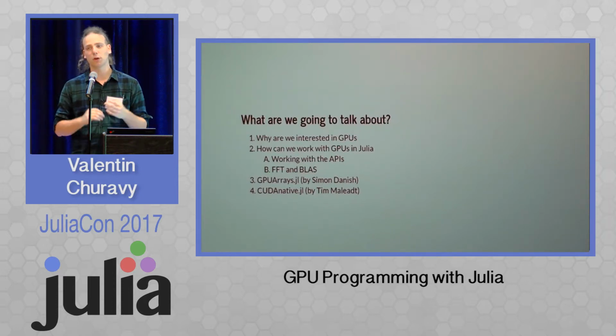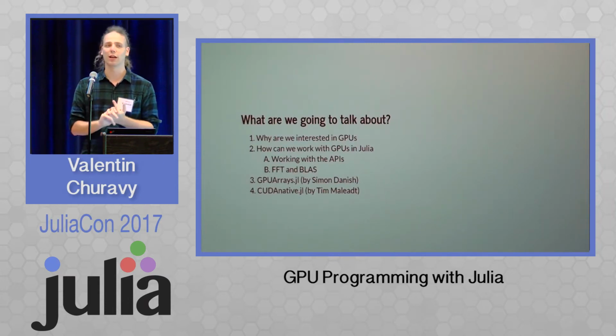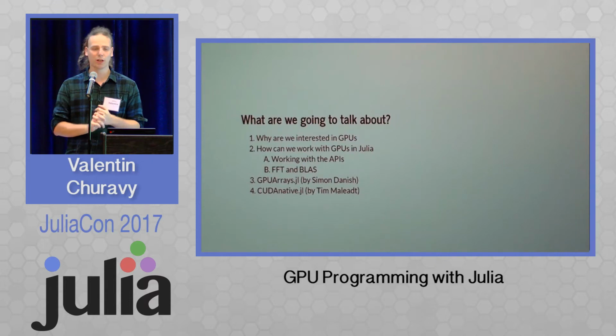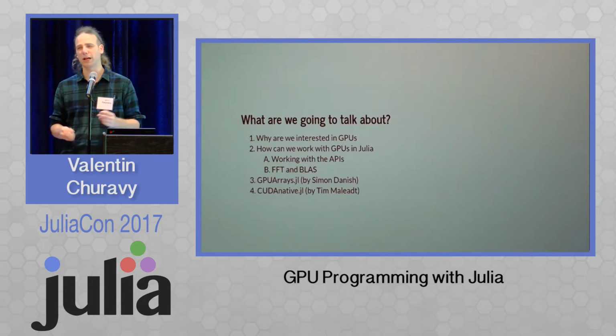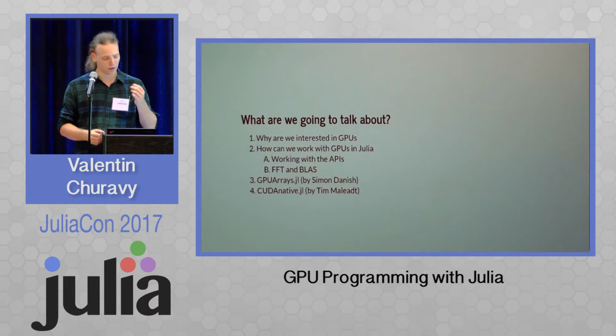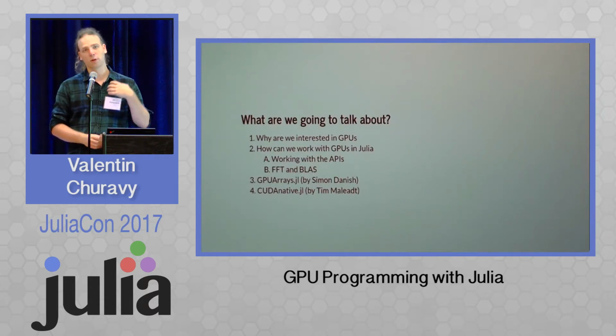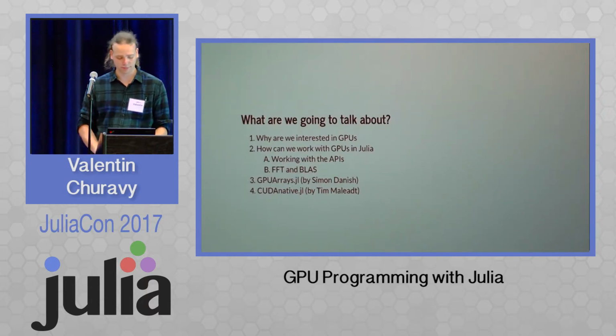I'm going to talk about how to work with the APIs. The two big APIs are OpenCL.jl and CUDA. And then I'm going to do a quick example of how you would use some of these tools to, as an example, calculate an FFT on a GPU. And then I'm going to hand over to Simon and Tim.